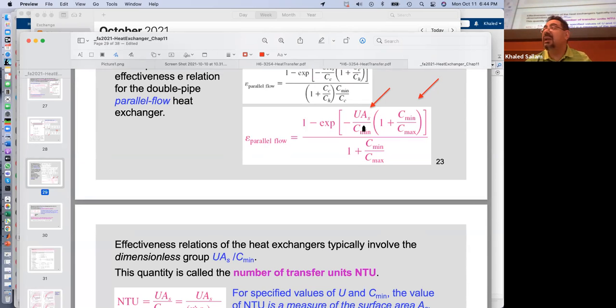Because as UA over C min increases, what happens to that term? Imagine if UA over C min is infinity. E to the minus infinity is 1 over e to the power infinity, which is 1 over infinity.